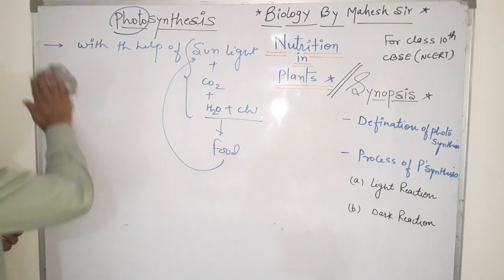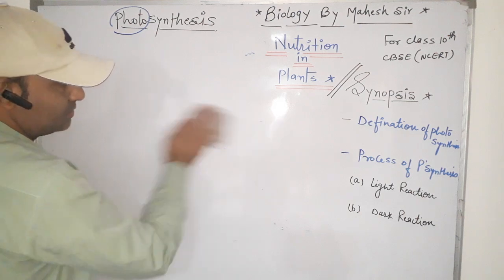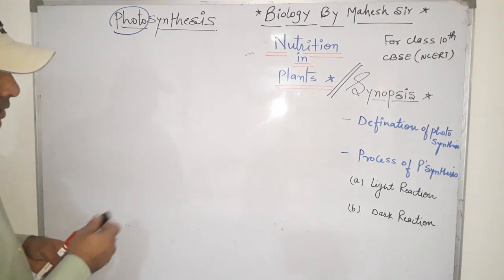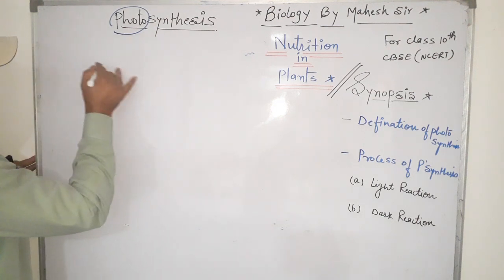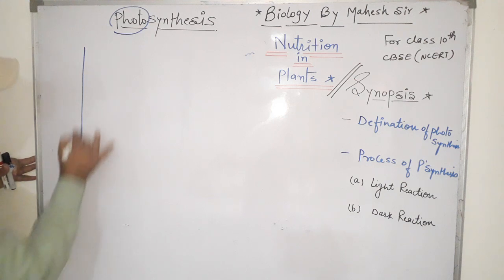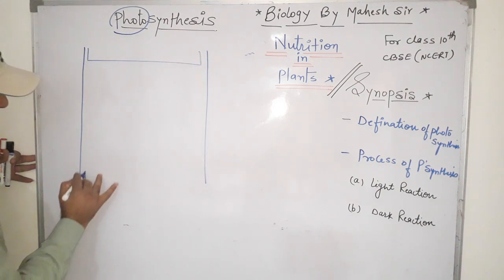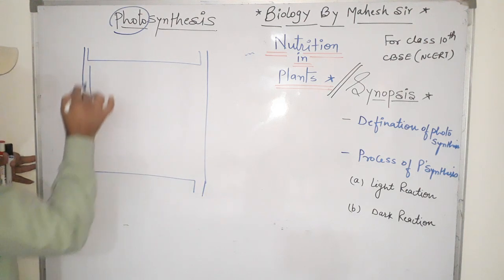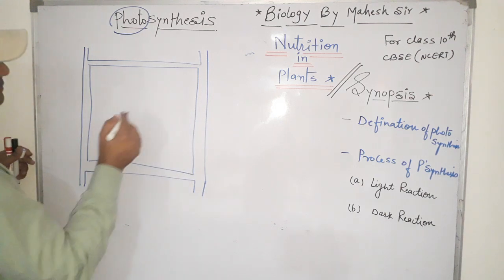Second topic, which is the process of photosynthesis. Site of photosynthesis: we can take the diagram of a plant cell and then the chloroplast.